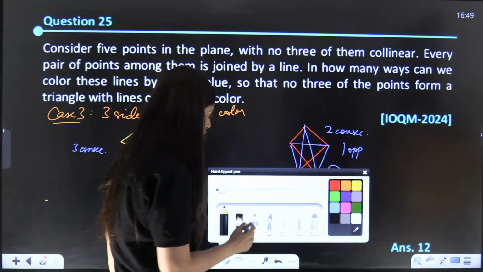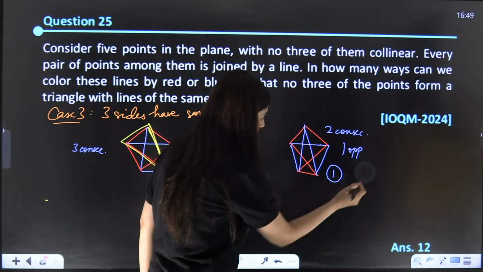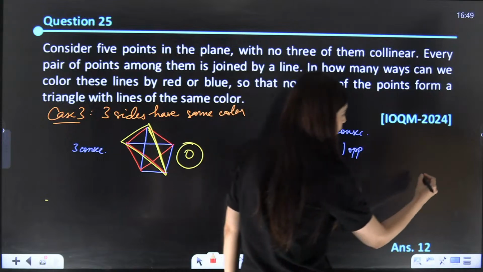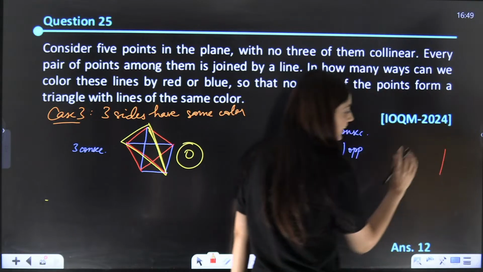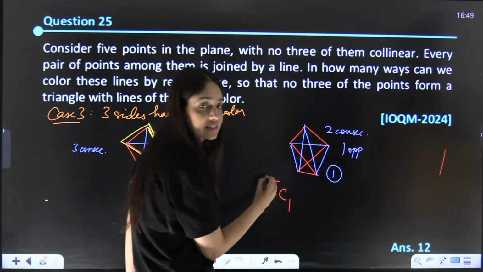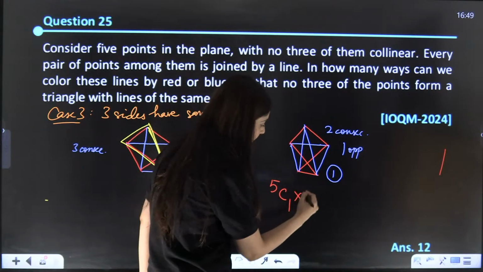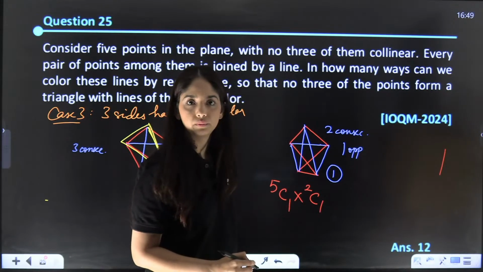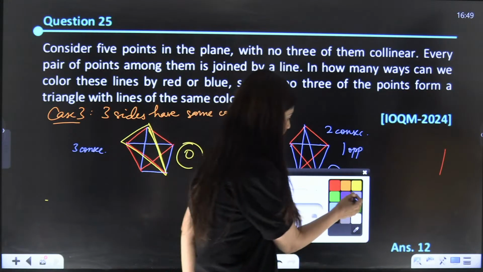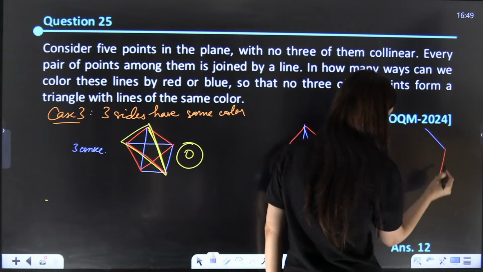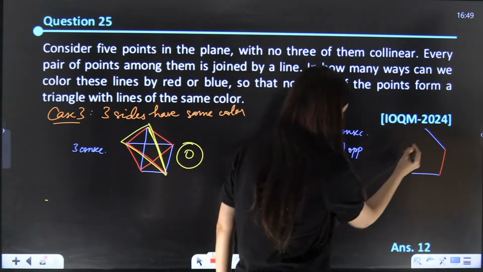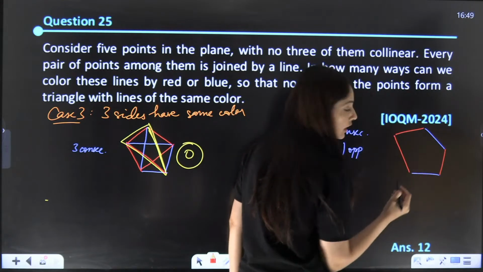So, as soon as we fix the opposite side's color, I picked this side and I know its color, which means I picked the side 5C1 and I picked the color 2C1. Now as soon as I have this, I know that the adjacent sides to that one will be the opposite color and the other two will be the same color.